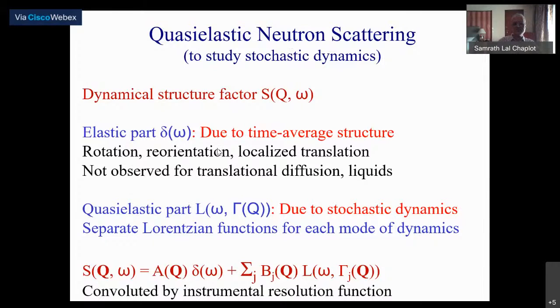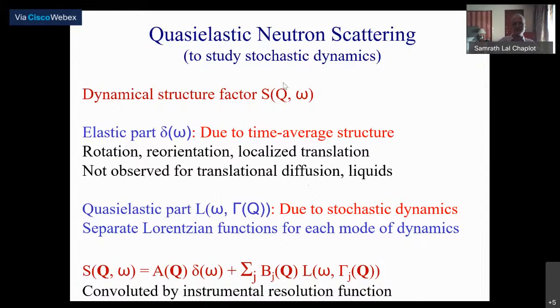Now, because the atoms are localized within space, you get elastic scattering due to the time average structure. However, if there is a translational diffusion of long range, then there is no time average structure. The atom could be anywhere in space, and so in that case, you don't get the elastic scattering.